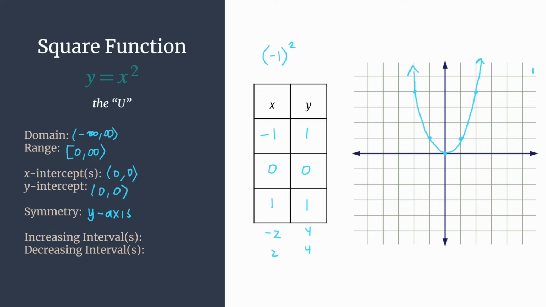So for every x, y on the graph, there should be a point -x, positive y, that same y value. So you can see integer examples of that. 1, 1, and -1, 1 are both on the graph. 2, 4, and -2, 4. So you see they mirror across that y-axis.